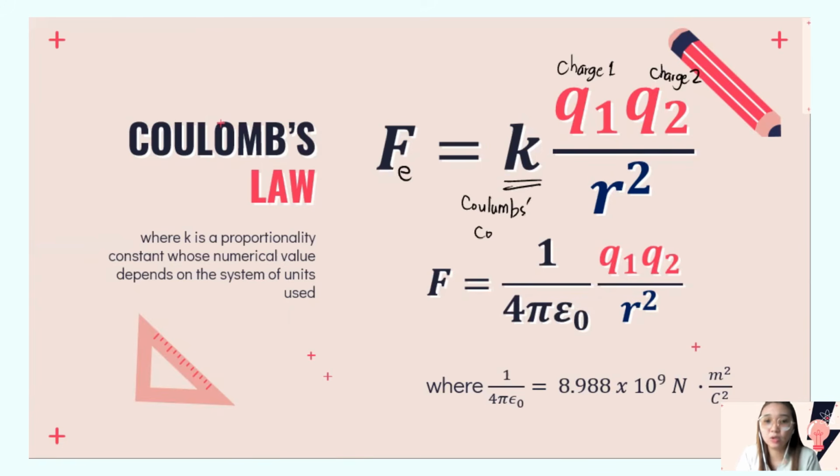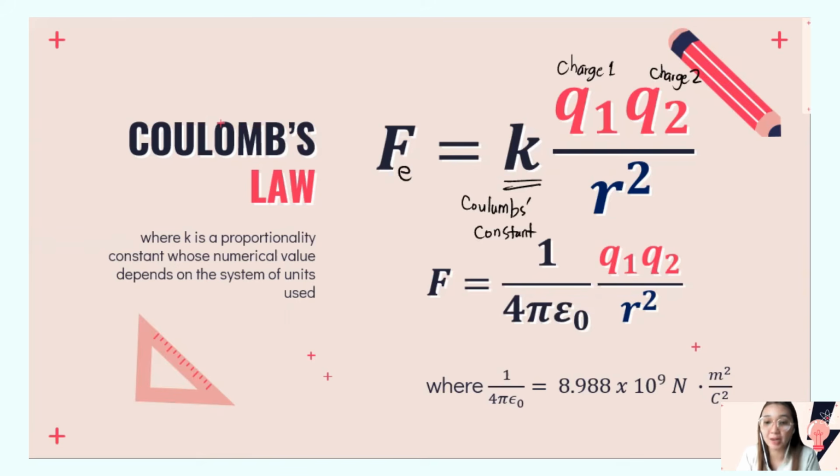So, Coulomb's constant meaning ito lagi yung value na gagamitin natin sa pag-solve ng attraction between charges. Okay? K is equal to 1 over 4 pi epsilon naught or equals sa 8.988 times 10 raised to 9 Newton multiplied by meter squared over Coulomb squared.